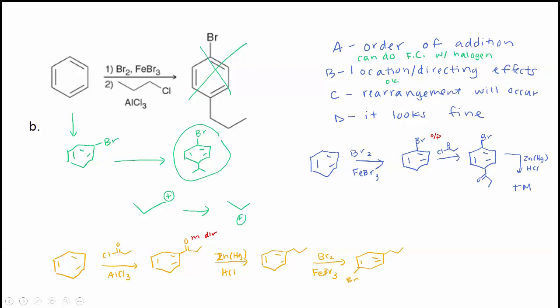So it is a good idea to put the carbons on first, but sometimes it will work either way. Because Br is a very weak deactivating group, that one's not going to stop the Friedel-Crafts reaction.